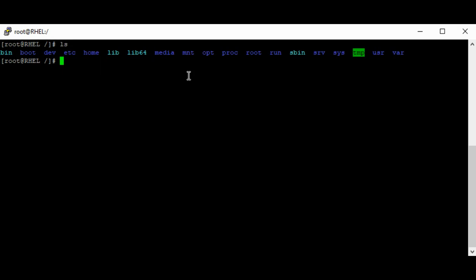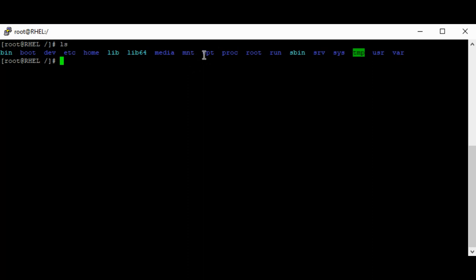And this directory is also similar to the mount directory. So let's just talk about the mount directory. The mount directory can be used as a directory where users can temporarily mount file systems. So the difference is that for media, devices are automatically mounted, and for the mount directory, this is done manually.